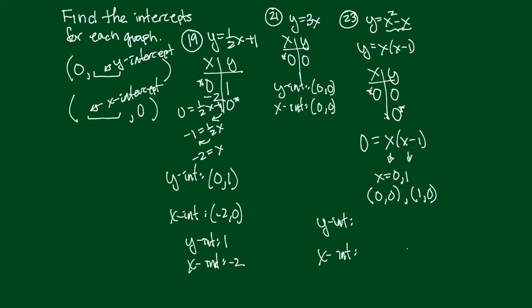So we have here's our y-intercept at 0, 0, and the x-intercept right here, that's going to occur back over here where the y component is 0. And if I look at my points, I've got this one up here, which corresponds to that one. So that was the same one. But then I have this one. So we have two x-intercepts. One at 0, 0, and one at 1, 0.